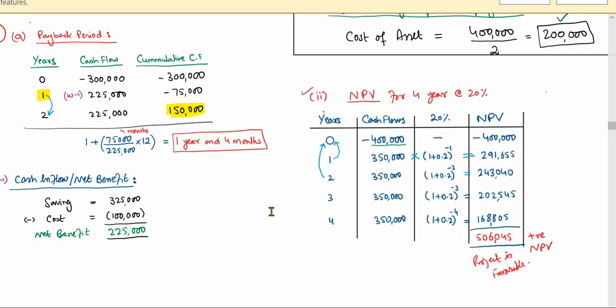Okay, so what is the requirement for the net present value? Just remove these cash flows.